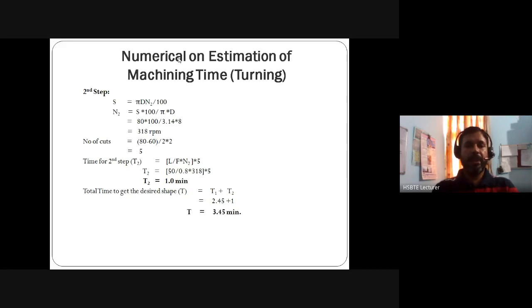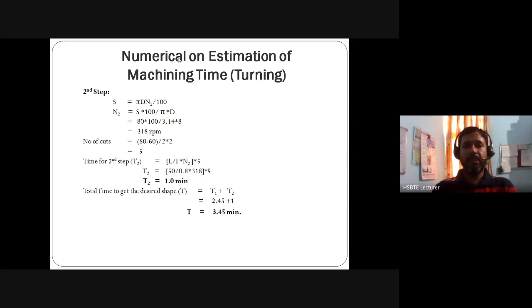Then find out the number of cuts for the second step. We are reducing the diameter from 80 to 60 and we are removing 4 mm per cut, so the number of cuts will be 5. Similarly, as previously, we calculate the time T2, which is equal to L divided by F into N2 into 5.